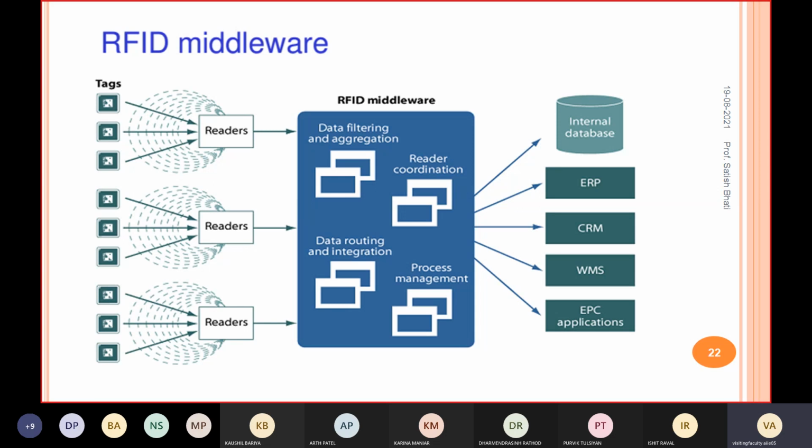And after doing all these functionalities, depending on your application, it will pass that process data on: if you need to store it in an internal database, then it will store it. It will send the data to ERP, right? ERP means enterprise resource planning.